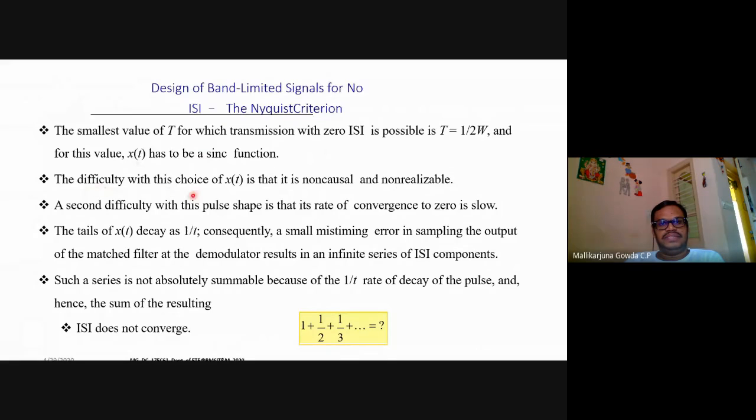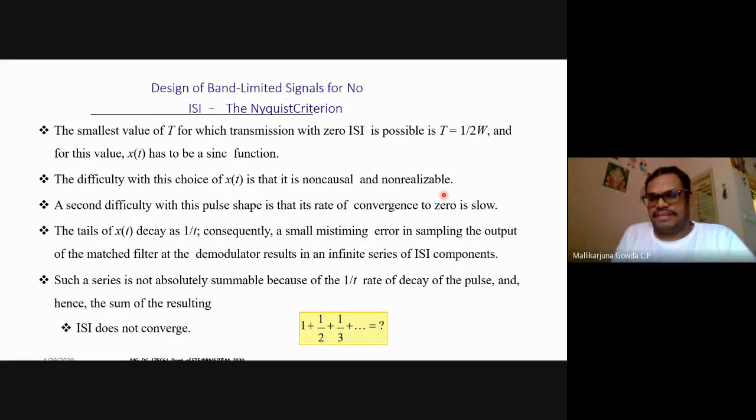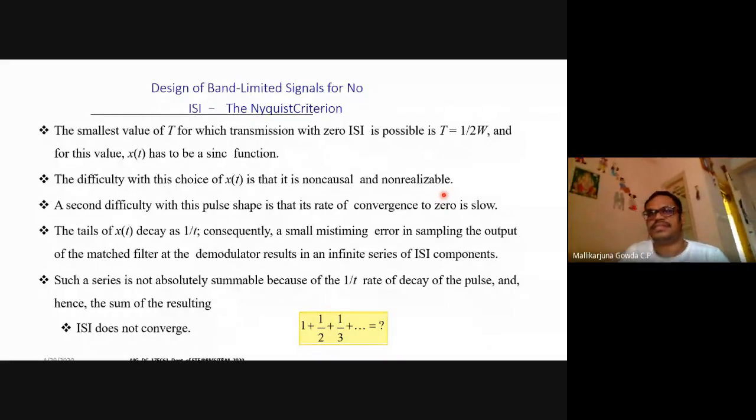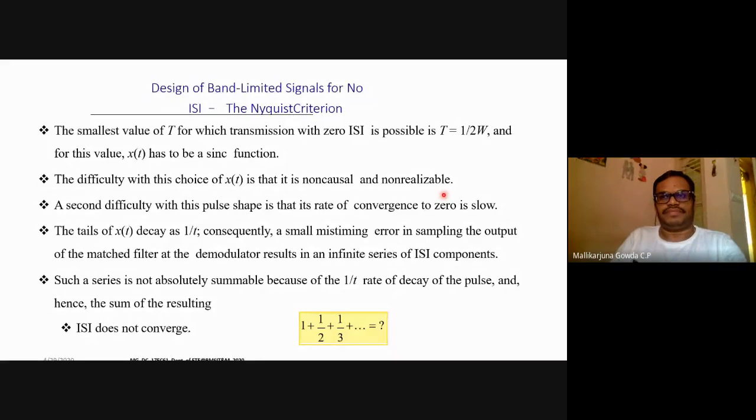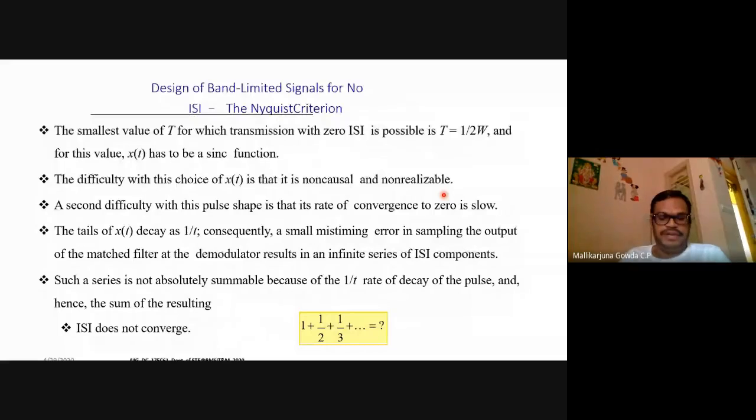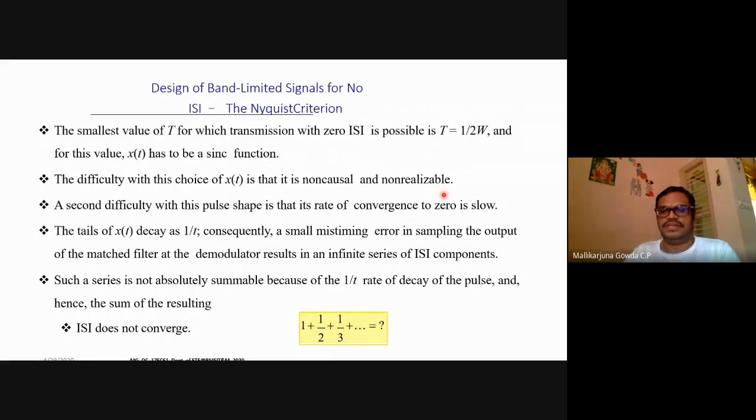The difficulty with this choice of x of t is that it is non-causal and non-realizable. I hope you are aware what a causal system is and what is non-causal. Anyone can say what is causal and what is non-causal? You have studied this in signals and systems.